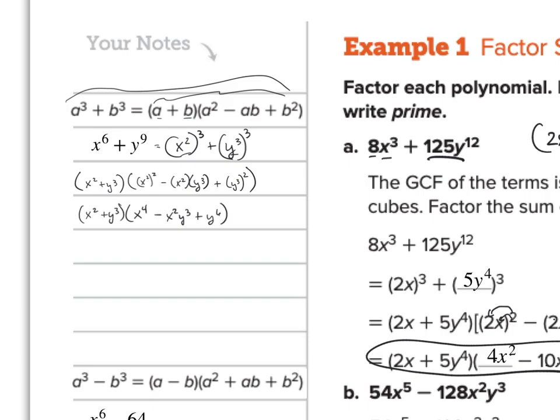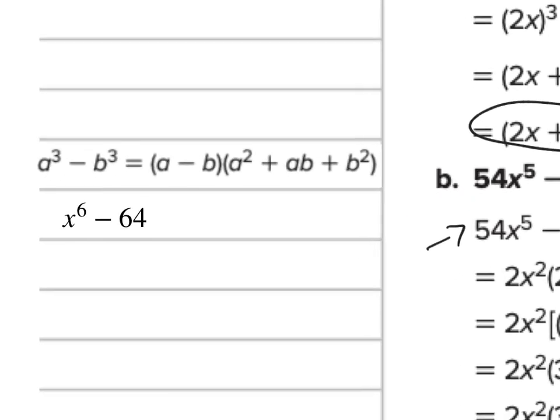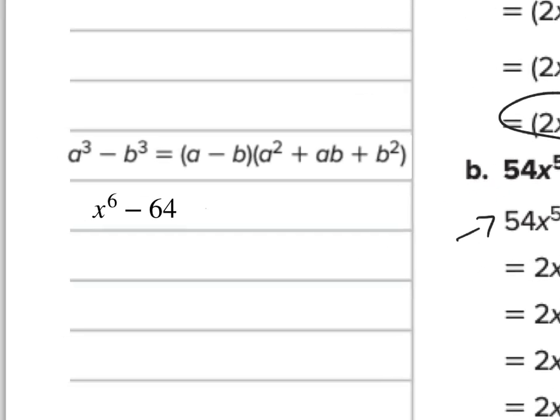Okay, that is using that process. A little bit smaller numbers, a little bit easier to see the process. When I have the difference of cubes, this should be x squared cubed, because when I have a power raised to a power, I multiply, minus 64. 64 is actually 4 cubed.